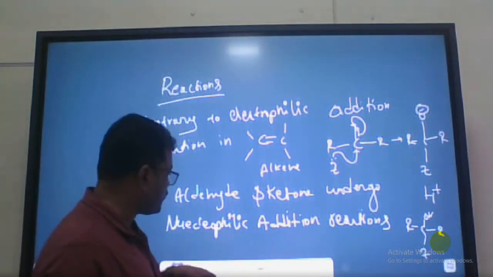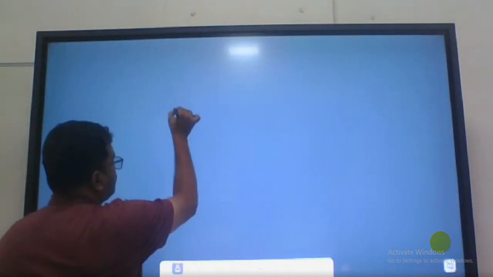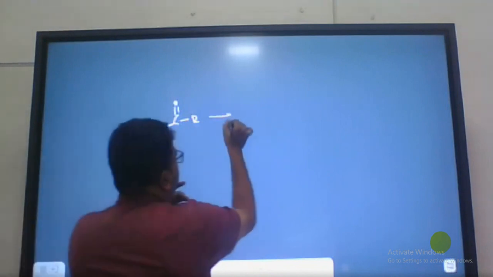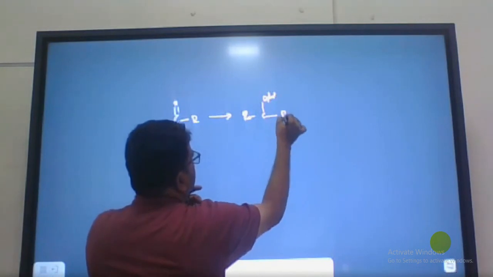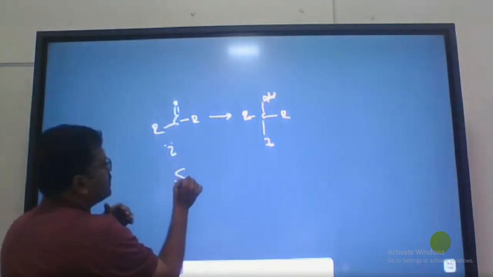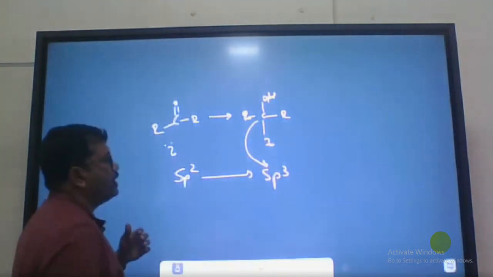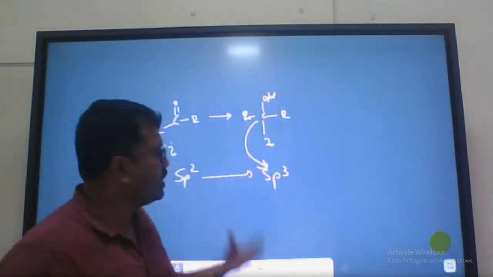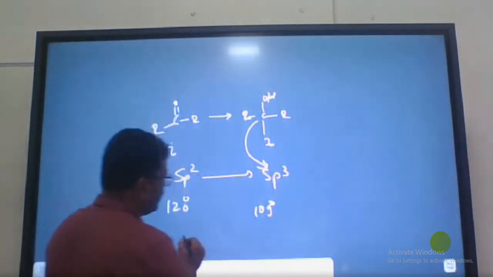This is the next. So what happens here? After addition, sp2 becomes sp3. The sp2 carbon becomes sp3, and the angle goes from 120 degree to 109 degree.